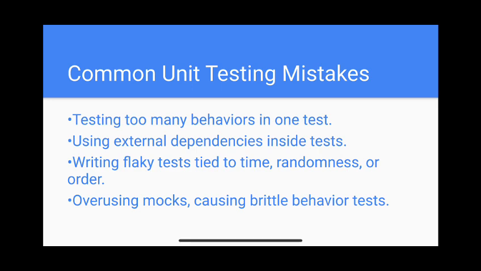And some other common mistakes also include ignoring edge cases, which is crucial, and poor naming and structure, lack of cleanup or shared state. So it is important to keep all of these common mistakes in mind and not make any of them to conduct a proper unit test.